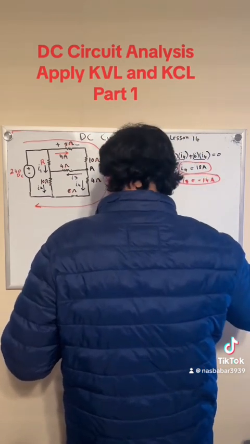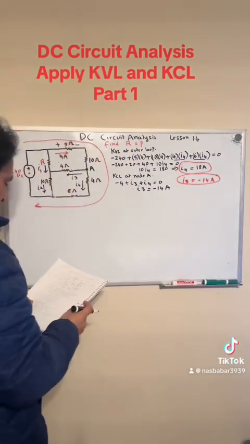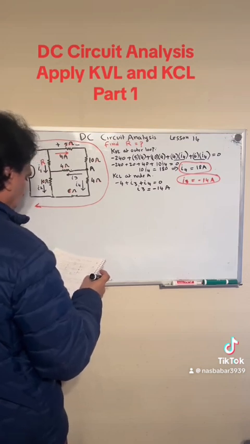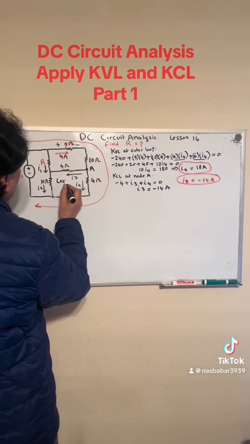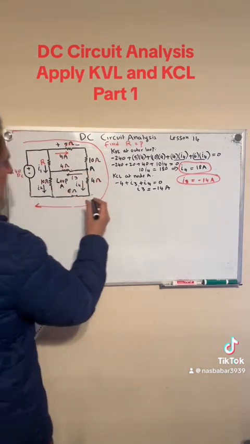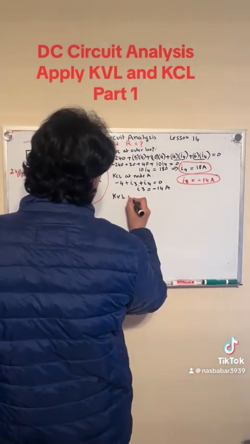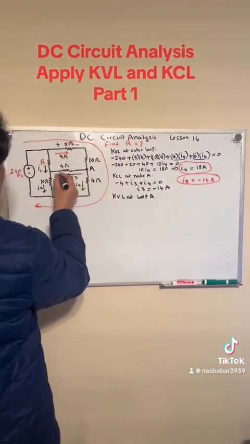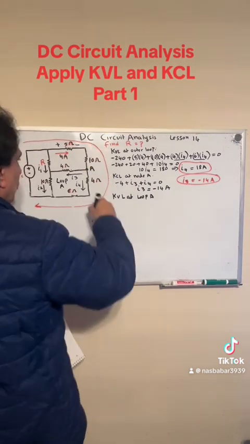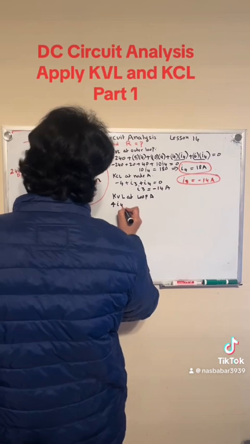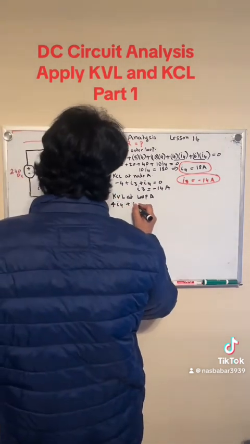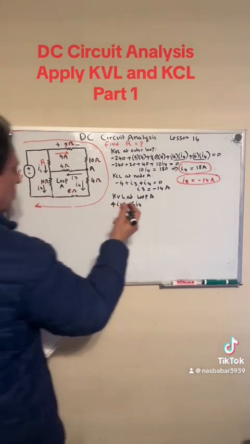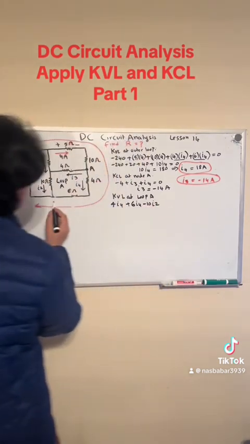Now we are going to apply KVL at loop A. Let's say this right here is my loop A. So KVL, Kirchhoff's voltage law, at loop A. This was node A, this is loop A. When I do that, I get 4 I4, V is equal to IR, plus 6 I4, and then I'm going against the direction of the current, so minus 10 I2.